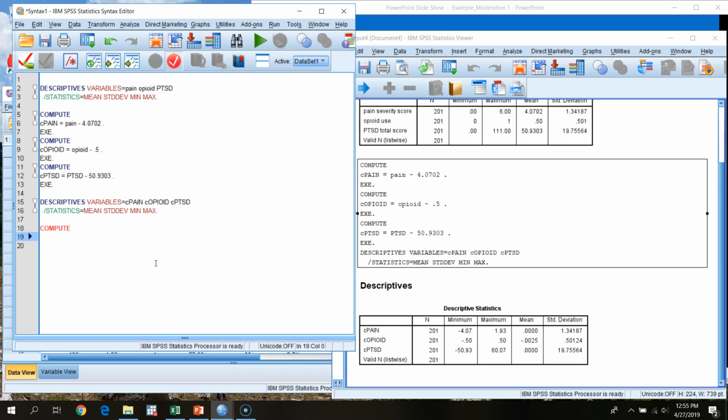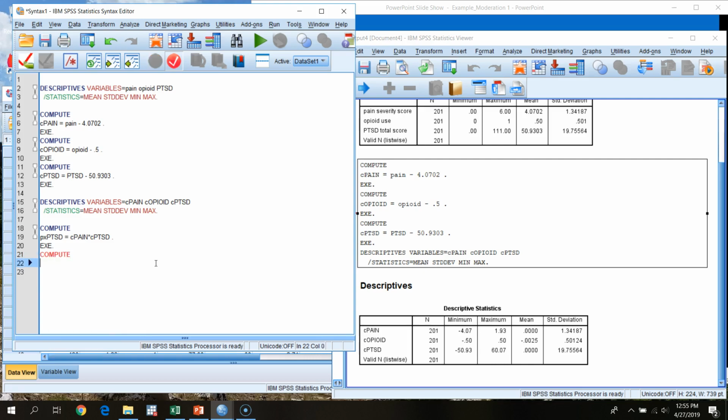is create an interaction effect for my pain and PTSD. So I'm going to compute pain times PTSD and set that equal to my centered pain times centered PTSD. Okay, so that gets my pain by PTSD interaction, and then I'm going to do the same thing.